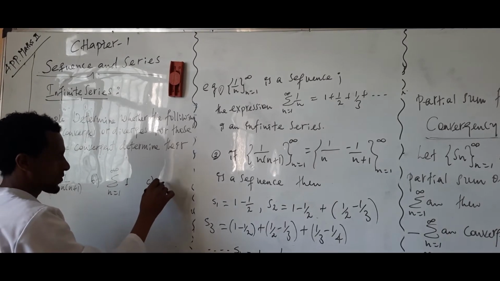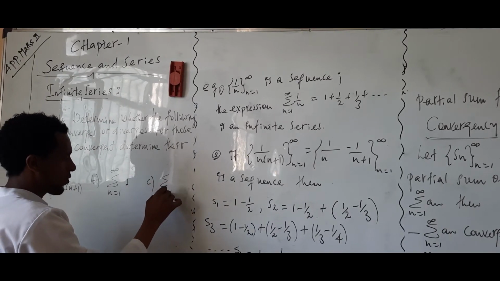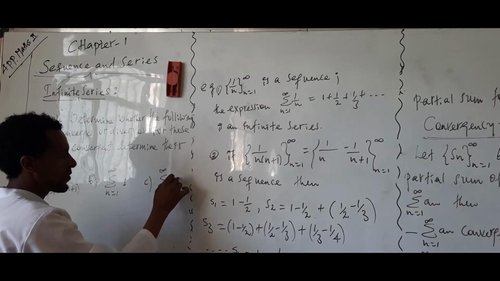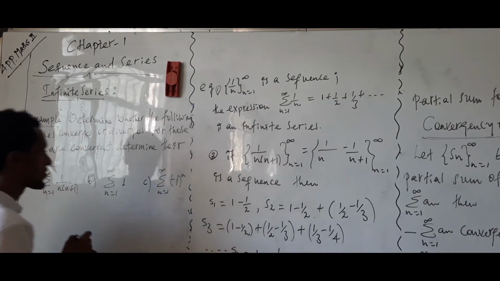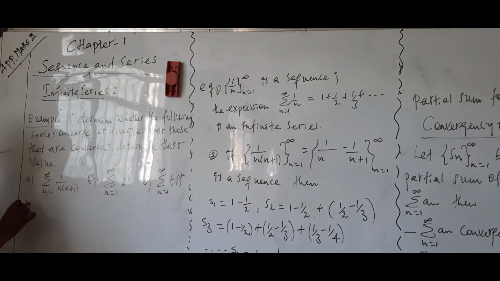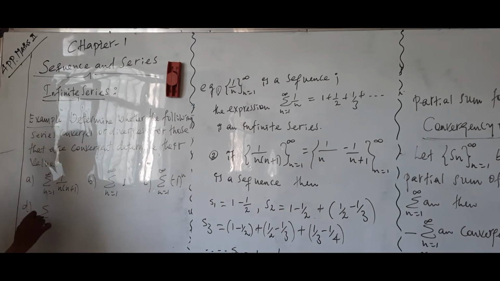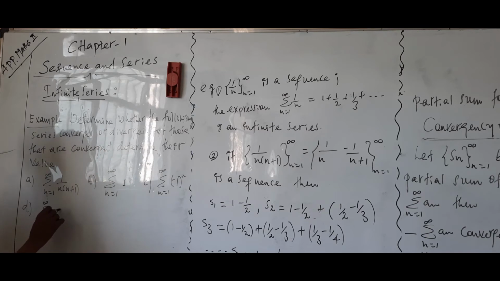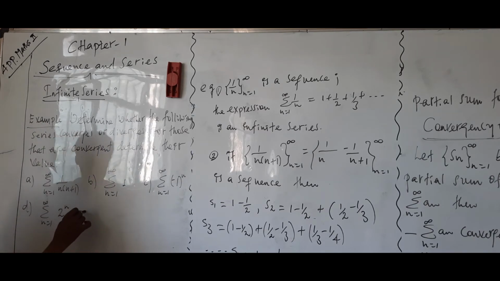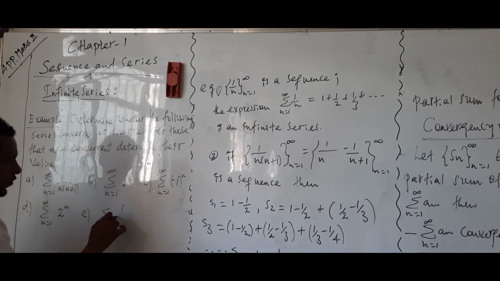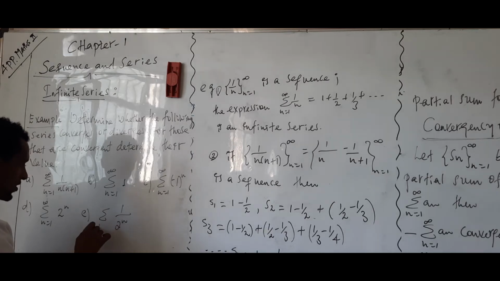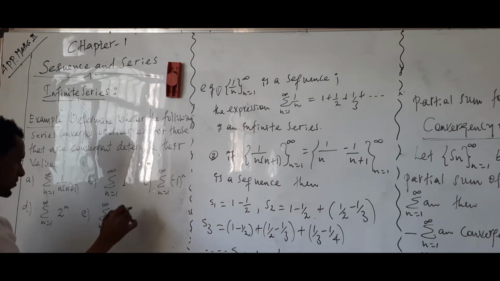C, the sum n from 1 to infinity of minus 1 to the power of n. D, the sum n from 1 to infinity of, let's say, to the power of n. E, the sum of 1 over to the power of n from 1 to infinity.